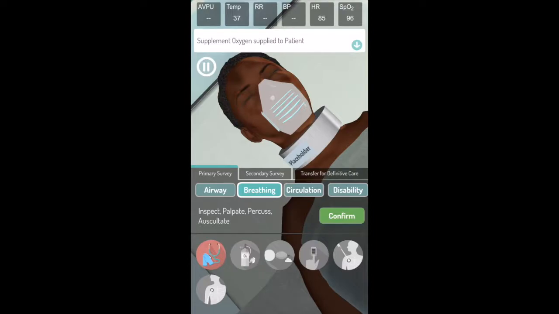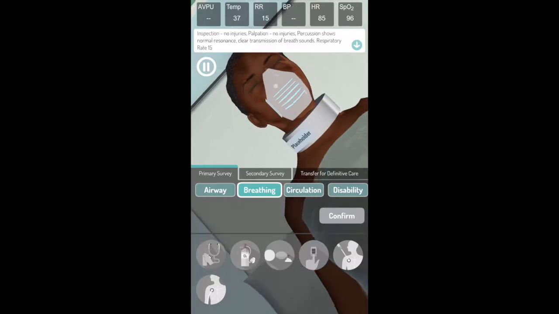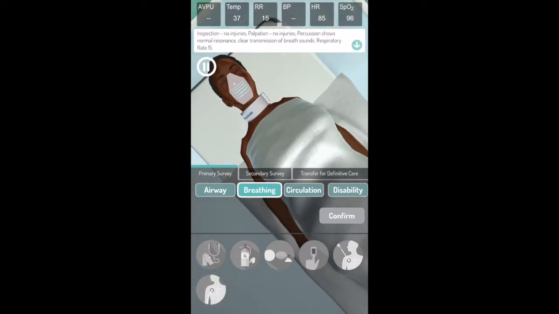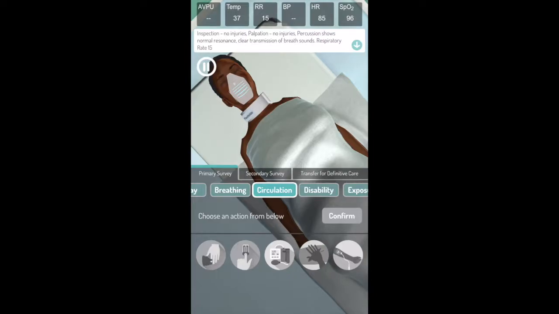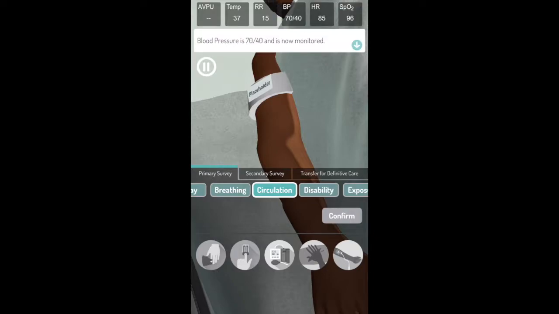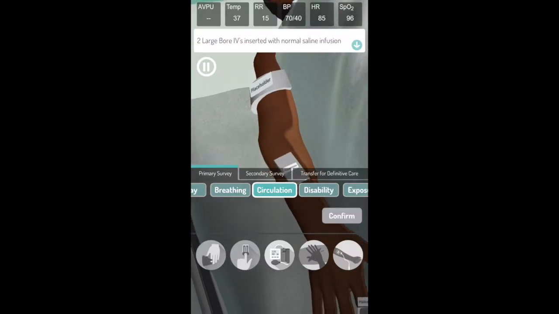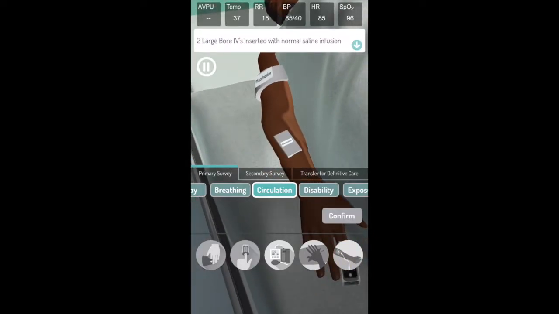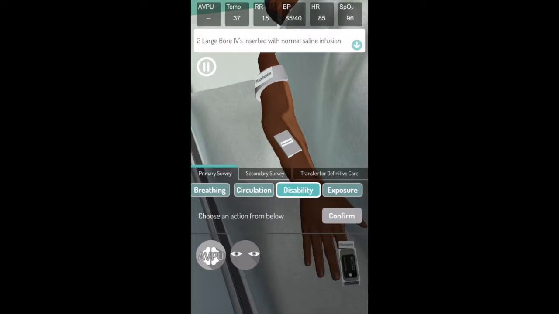We listen to the chest, there's nothing of great concern there, and so we move on to circulation. Her blood pressure is low. I'm not happy with that. We start 2 large bore IVs, and you can see that she responds to that with an increase in her blood pressure. Now, we know that head injury does not cause low blood pressure.